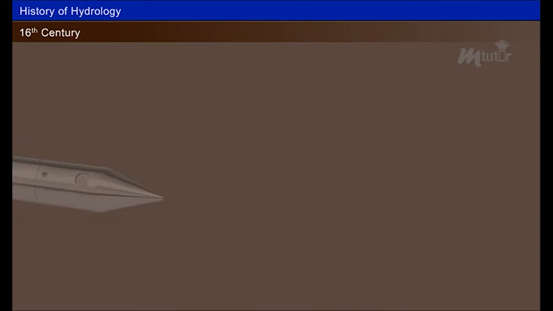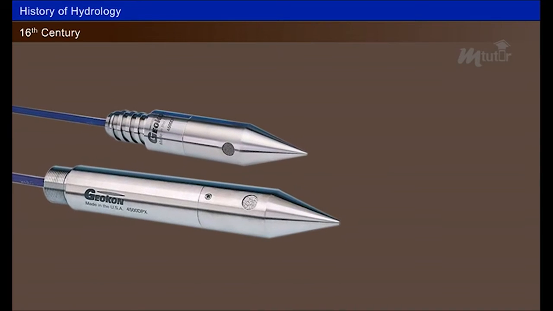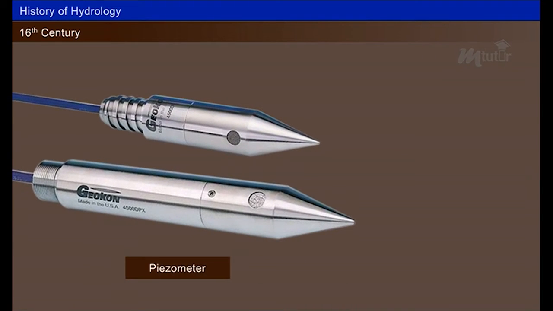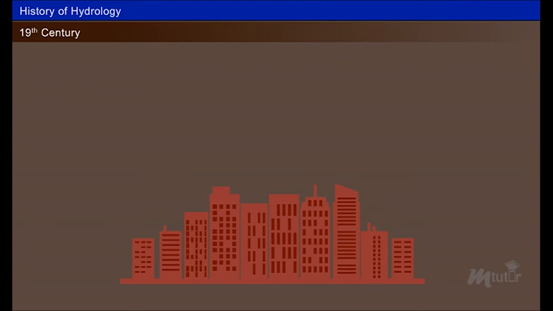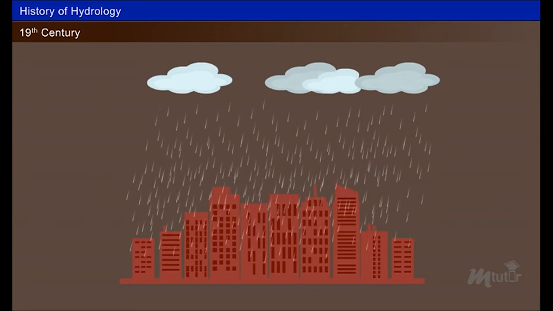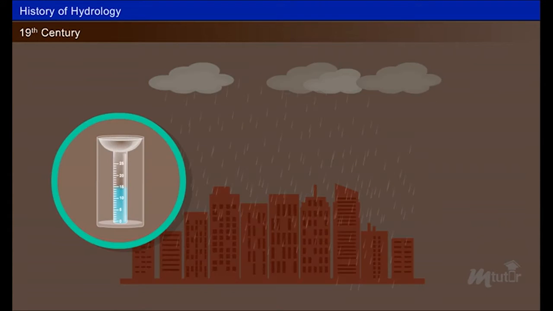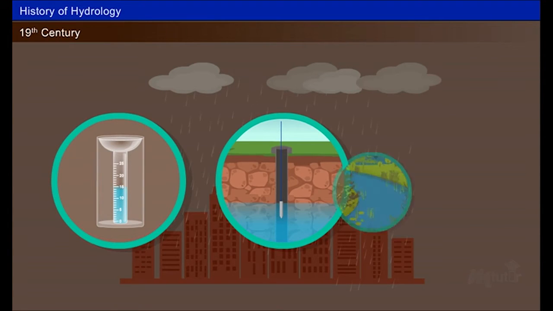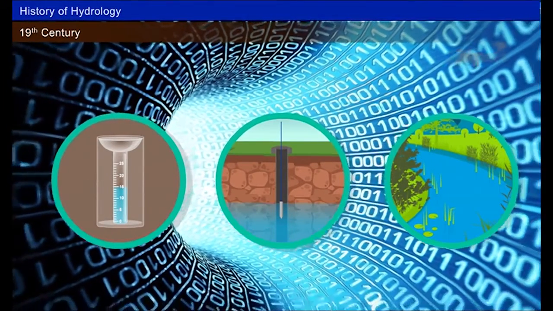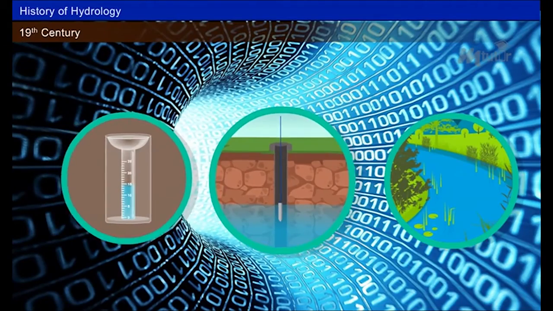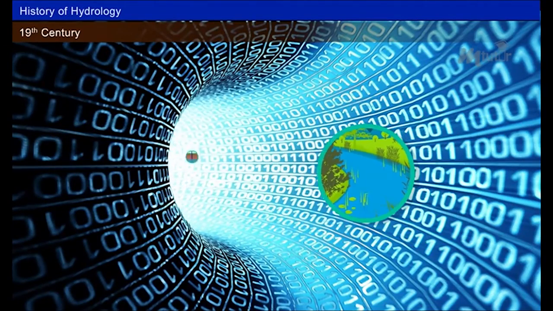Many important instruments and theories of hydrology such as piezometer, Chezy's formula, rain gauges, etc. were modernized during the 16th century. At the end of the 19th century, rapid advancement was made in the instruments for acquiring rainfall, groundwater, runoff data, etc. and digital facilities for data analysis have supported the field of hydrology in steady growth.